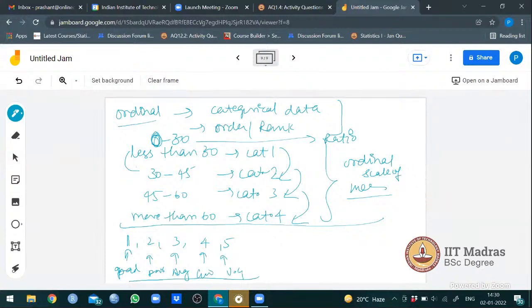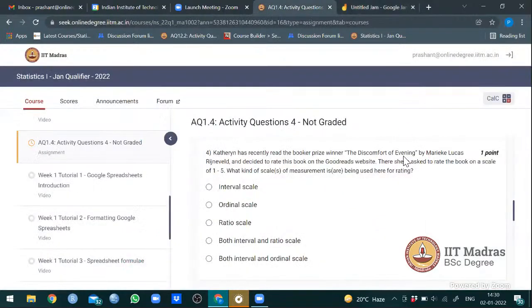Is it mentioned? No. Sir, but how can it come under the interval category? See, it's numerical. Okay sir, I understand, but the difference between all the ratings is not defined in the question. It's the same. When we talk about rating, we can say the rating of 1 to 5.